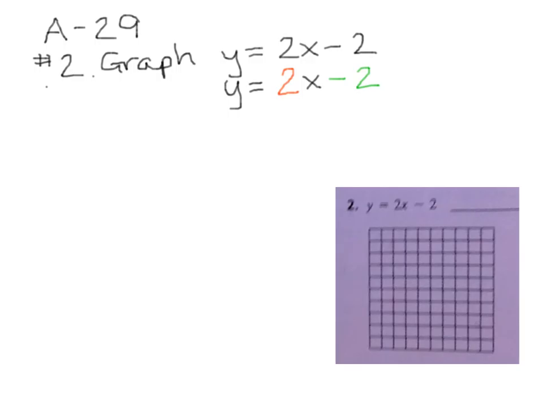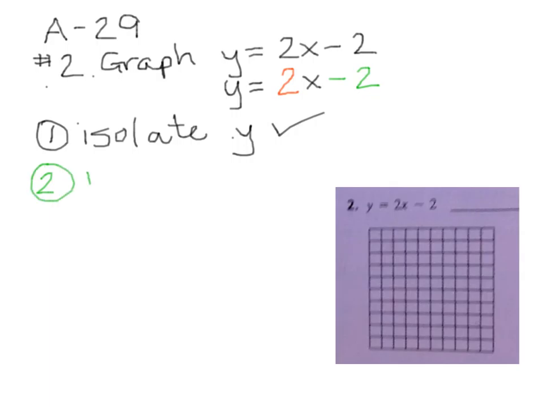So the first thing I check for, step 1, is to isolate y. Check-o-rooney, that is done. The next thing I'm going to do is actually start with my y-intercept.